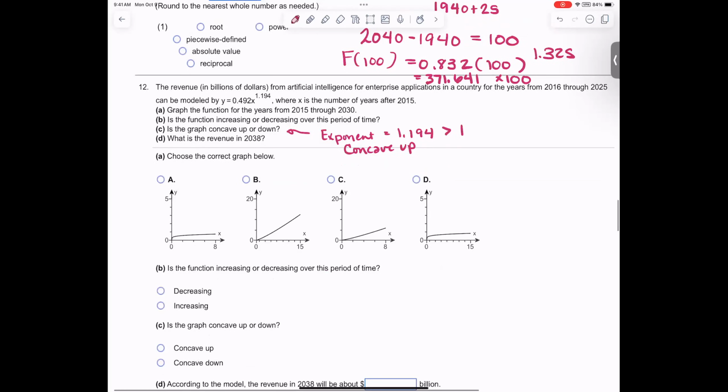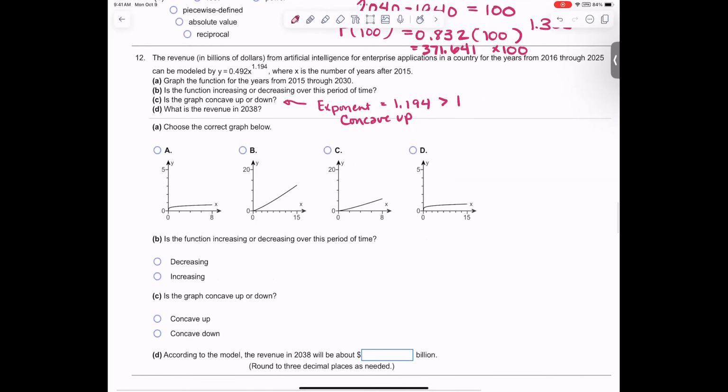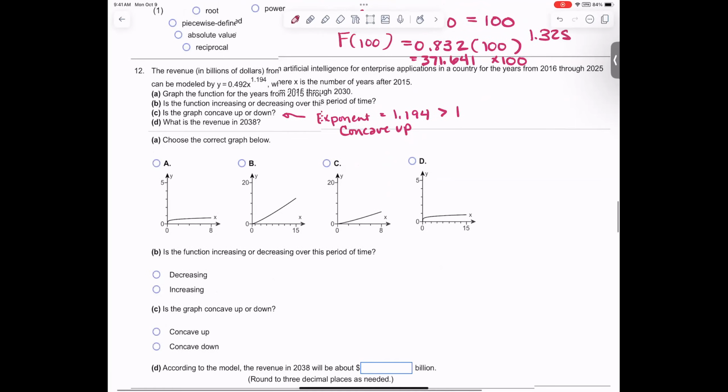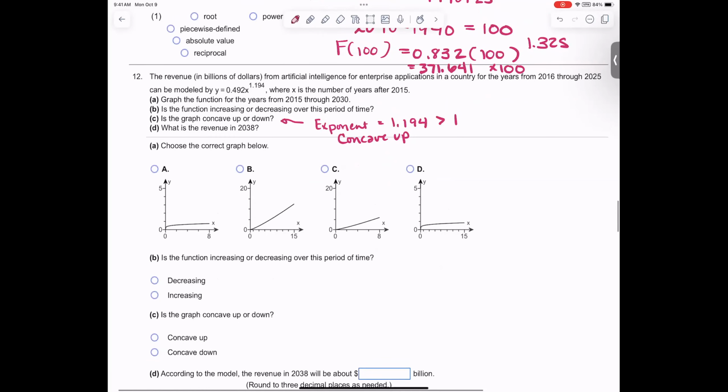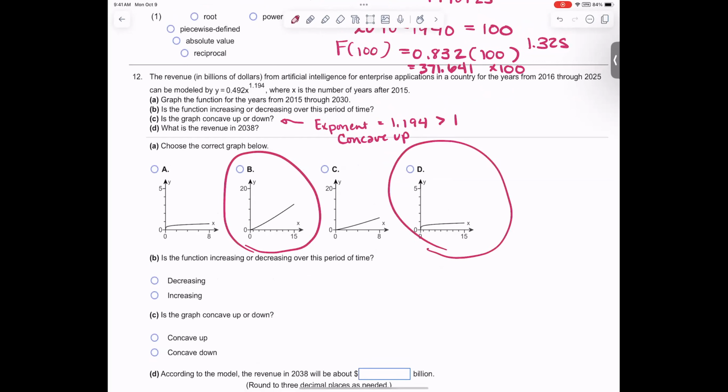So let's try graphing this. They say to graph it from the years 2015 to 2030, which would probably have to be either B or D, wouldn't it? Because if this is the number of years after 2015, 2030 minus 2015 is 15 years.